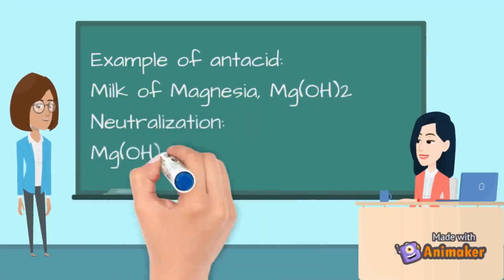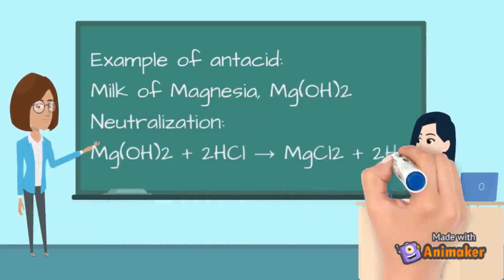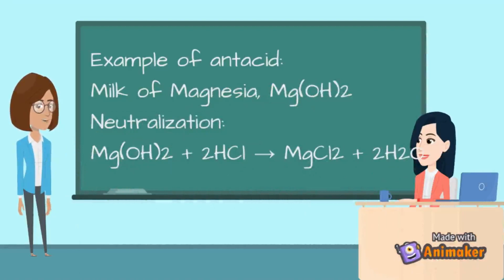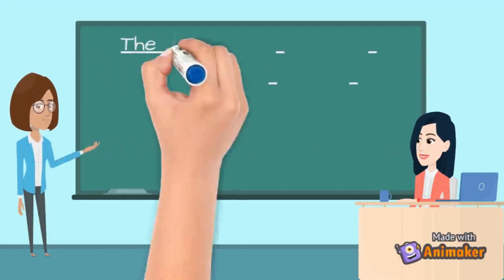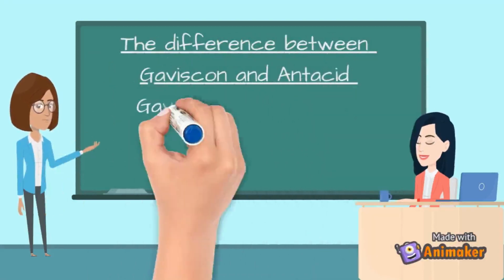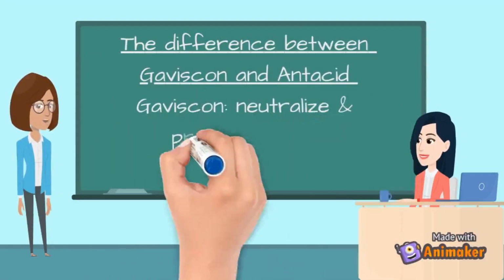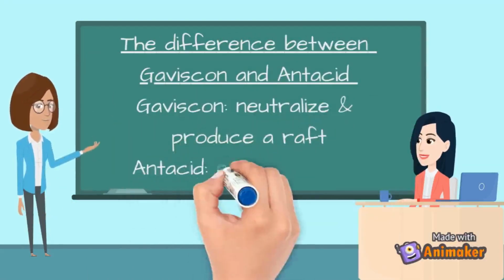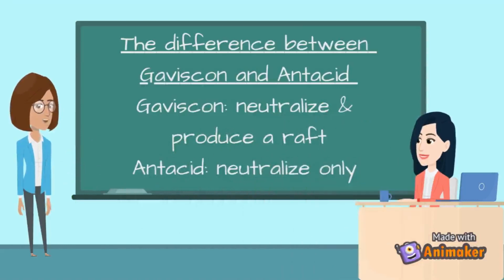Neutralization happens between Mg(OH)2 plus 2HCl, which will produce MgCl2 plus H2O. The difference between Gaviscon and antacid is that Gaviscon can neutralize and produce a raft, but antacid can neutralize only.